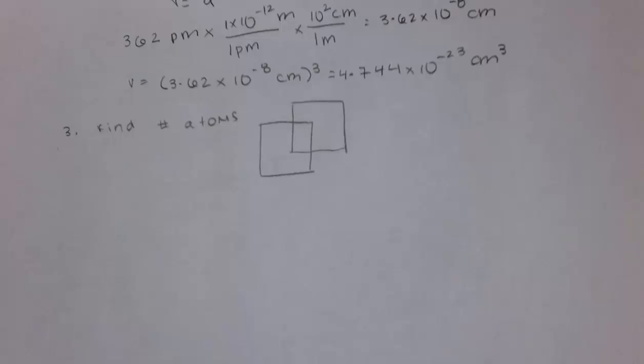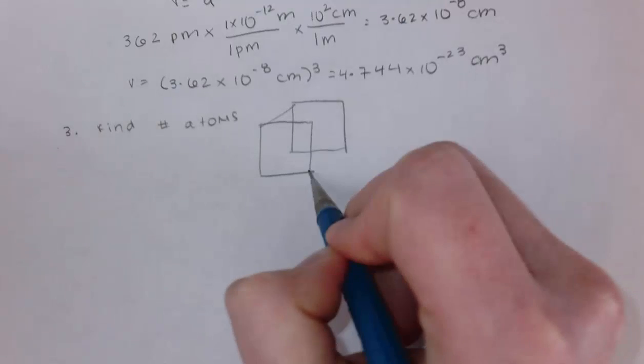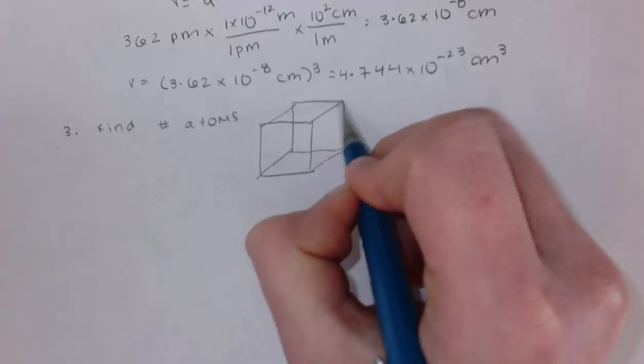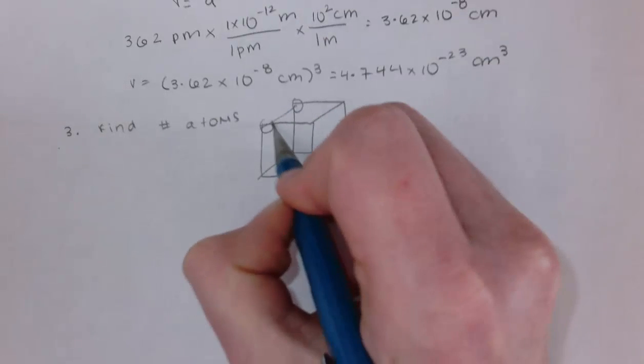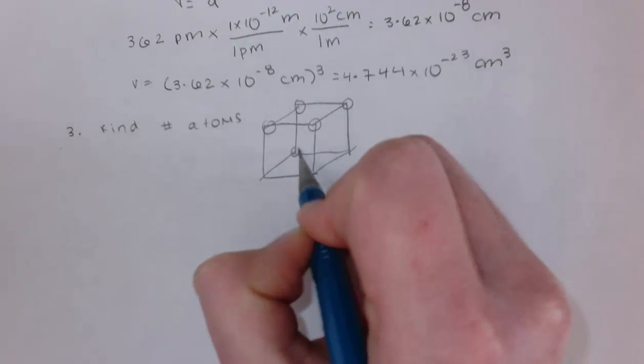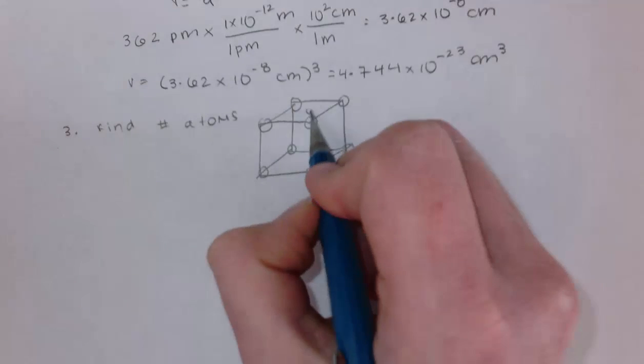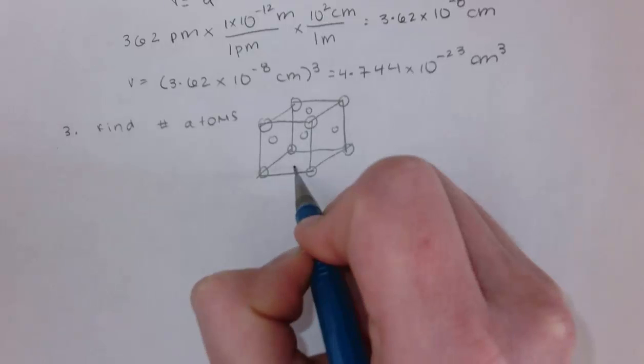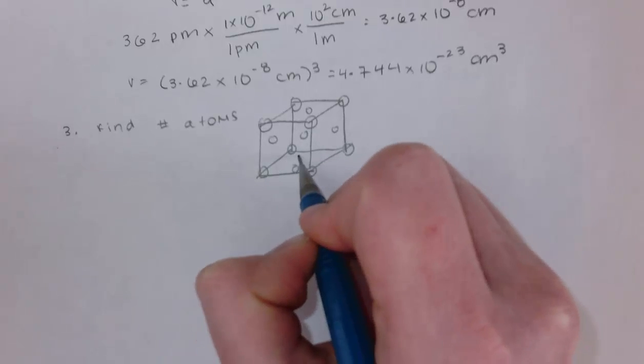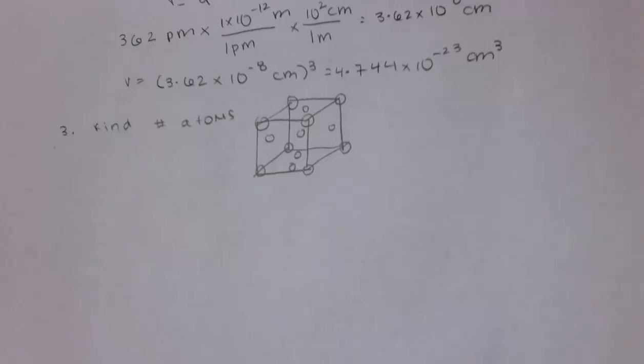So we have our unit cell, and for each corner we have 1 atom, and then for each face we're going to also have 1 atom on each face, which is going to look something like this.